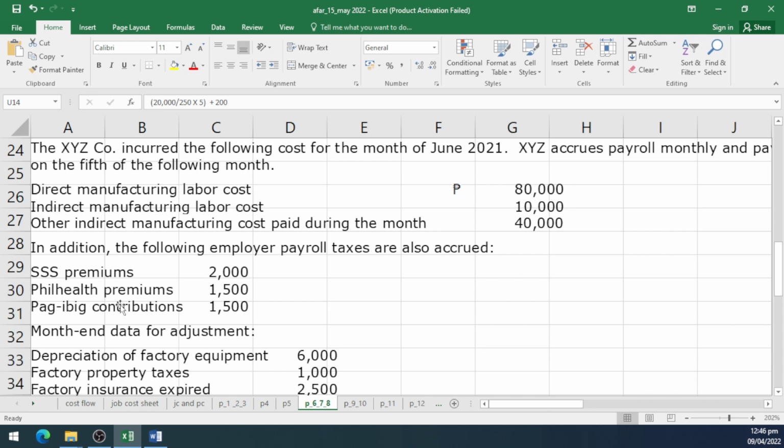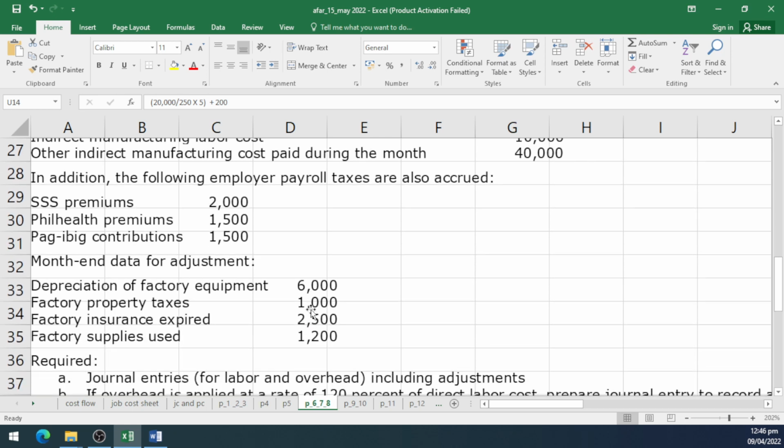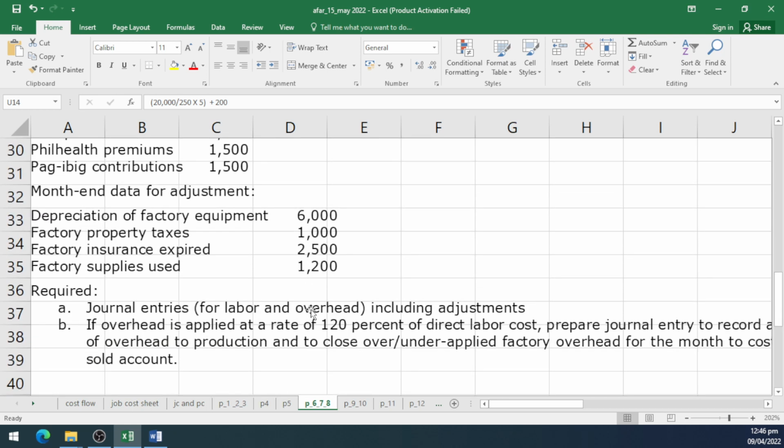Ito po yung DL 80, indirect labor cost 10, other indirect manufacturing cost paid 40, SSS premiums, PhilHealth and Pag-ibig, yung share ng employer, then month-end data for adjustment. The requirements are the following: journal entries for labor and overhead, including the adjustments.